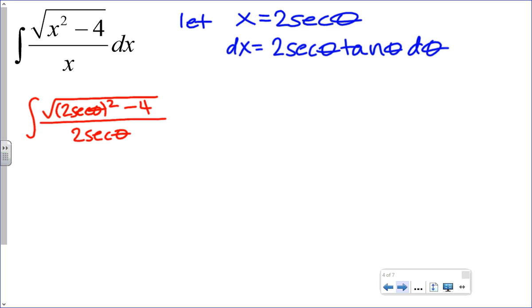Okay, so I have replaced my x's. Then we have to replace dx.